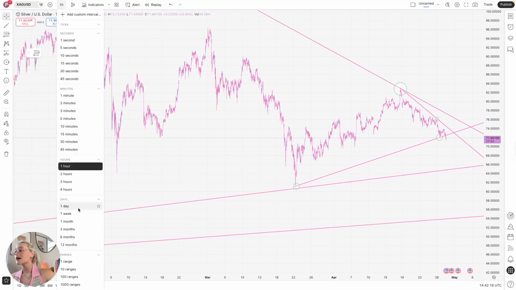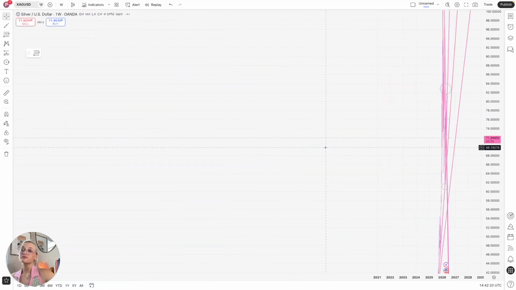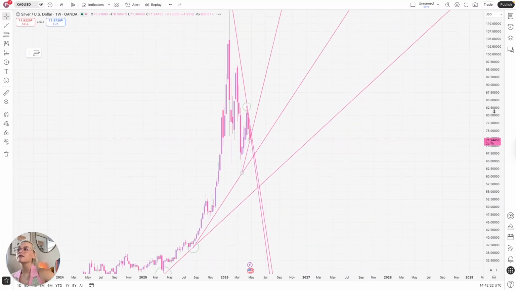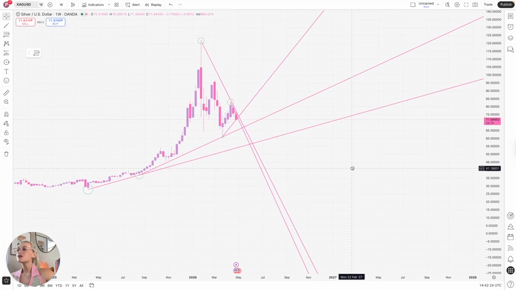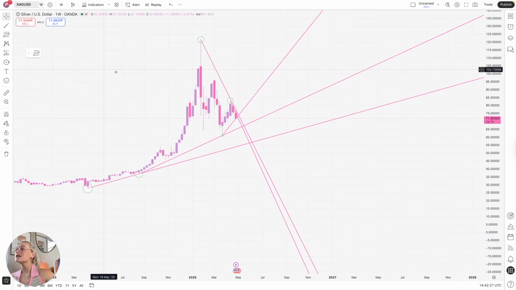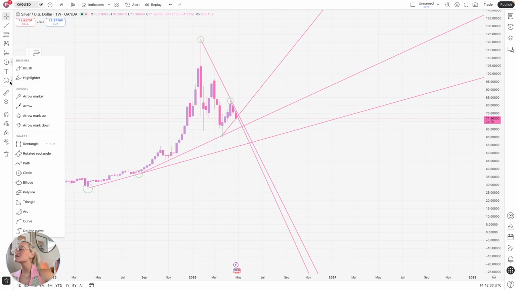So let's just check the weekly, and I'll give you a little overview. So this is silver, and as we can see, silver is actually making lower lows. And this is why I've been in a sell since the 21st of April. It's now the 29th of April.